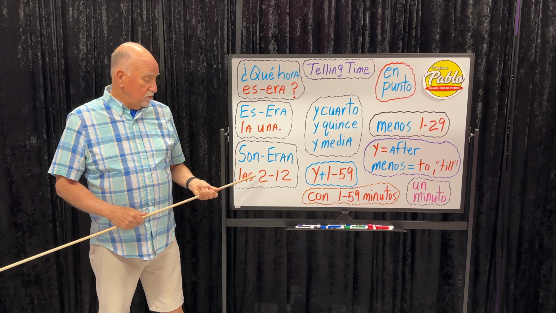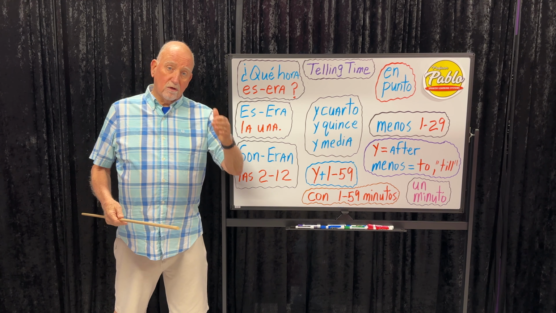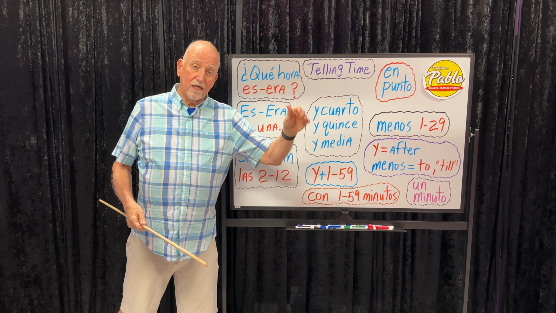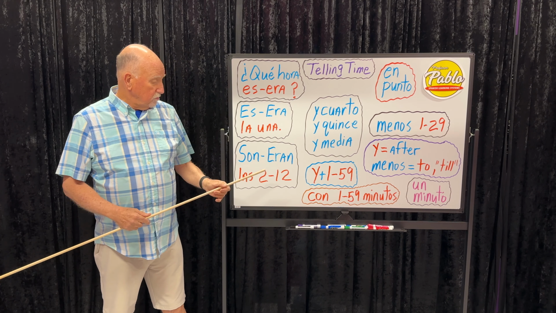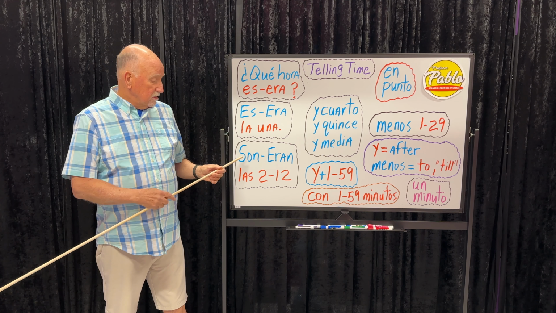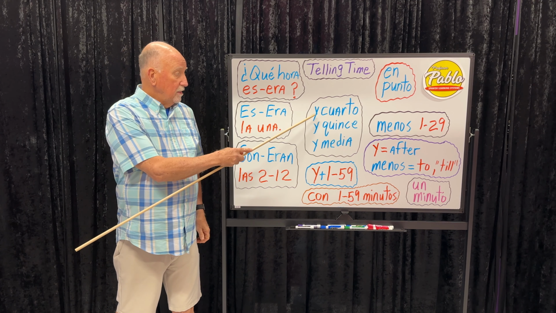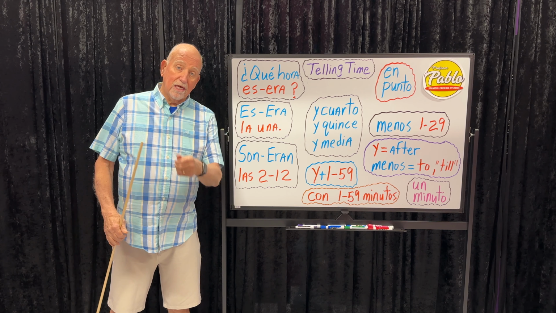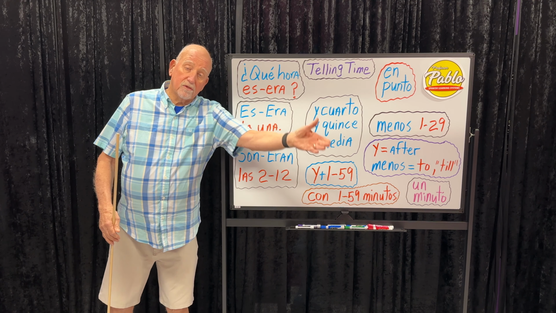Now, from 2 to 12, from 2, 3, 4, 5, 6, 7, 8, 9, 10, 11, 12. From 2 to 12 o'clock, if you want to say it's a quarter after 5, son las 5 y cuarto. It's a quarter after 9, son las 9 y cuarto.